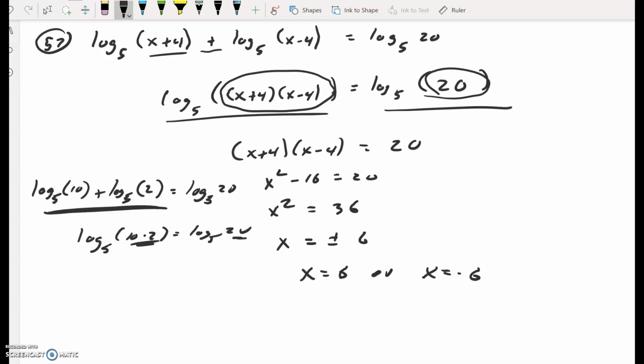And 10 times 2 is 20, so that checks. So 6 works. -6 fails miserably because -6 produces negative numbers, and you can't take the logarithm of a negative number or 0. You can only take the logarithm of positive numbers. So the -6 does not lead anywhere. x equals 6 is our solution, and we're done.